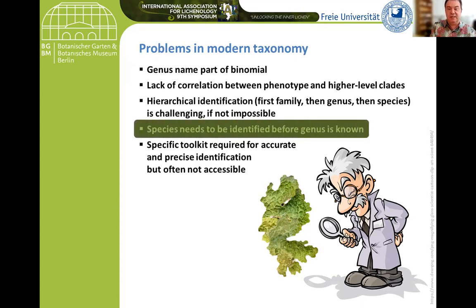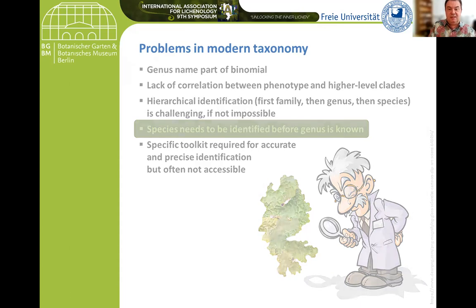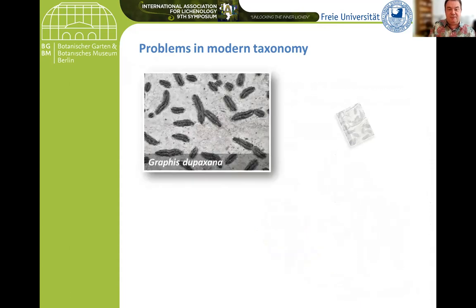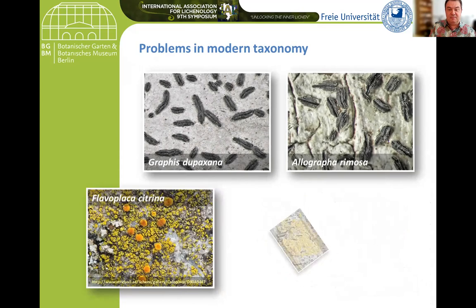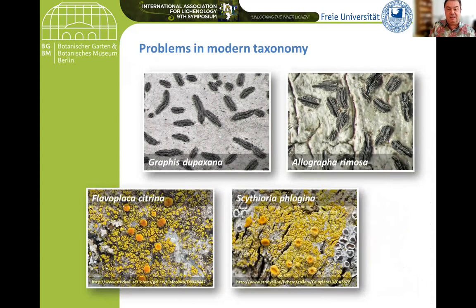Just 2 examples for this idea that you first identify the species, then you know the genus. In the family Graphidaceae, for example, Graphis and Allographa have very similar species. They are not closely related, these 2 clades, and sometimes you really need to get to the species first before you know if it's Graphis or Allographa. Similar things happen in Pseudocyphellariaceae.